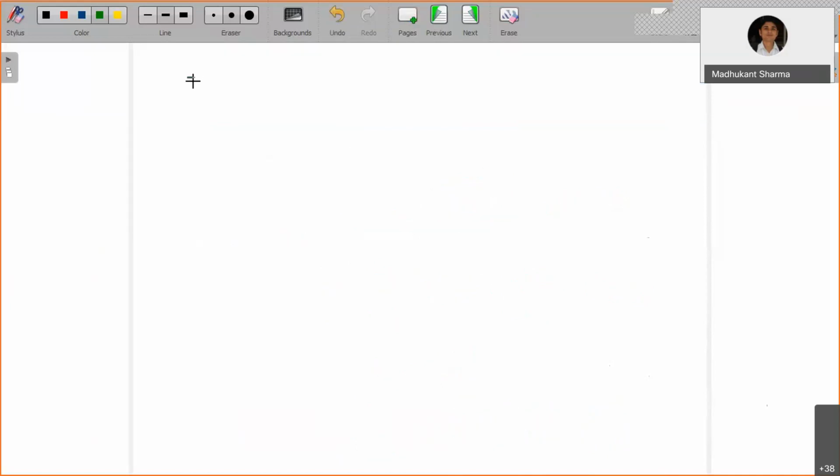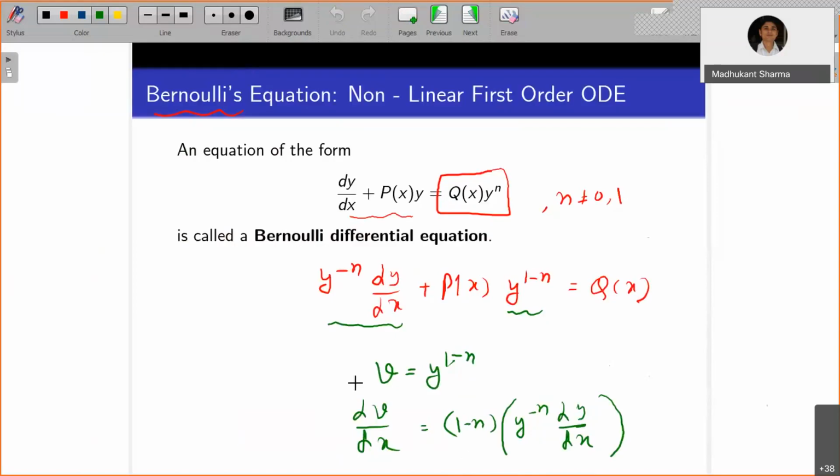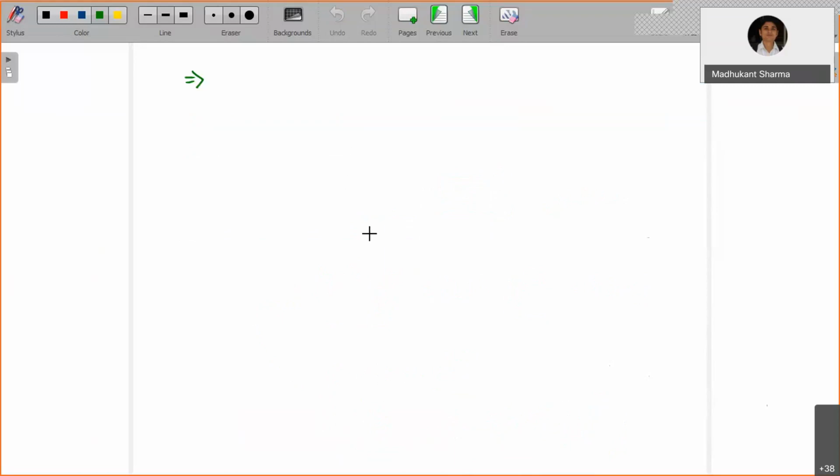If you use this v and dv by dx and substitute into the equation, what you will get is 1 upon 1 minus n times dv by dx plus p of x times v equals q of x.